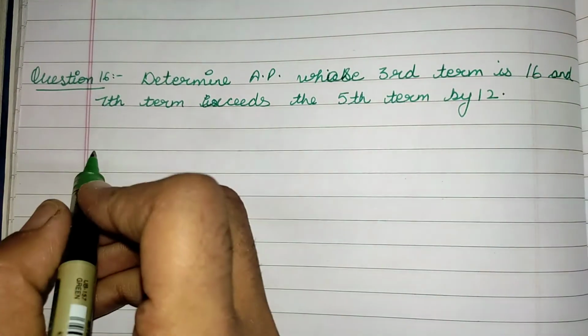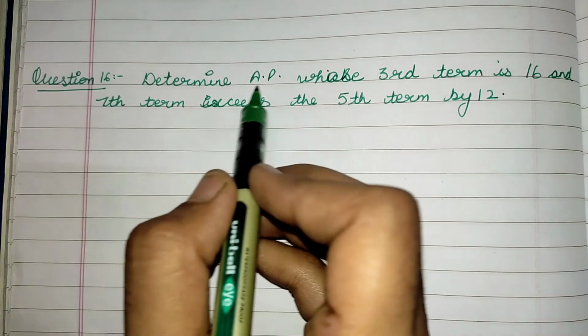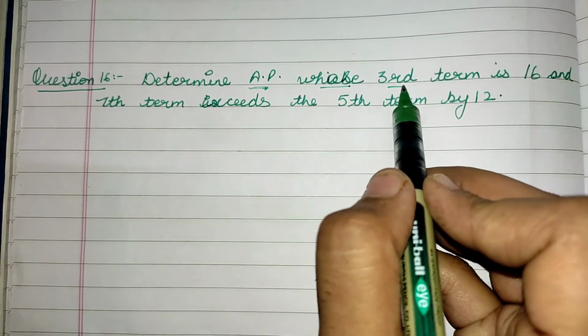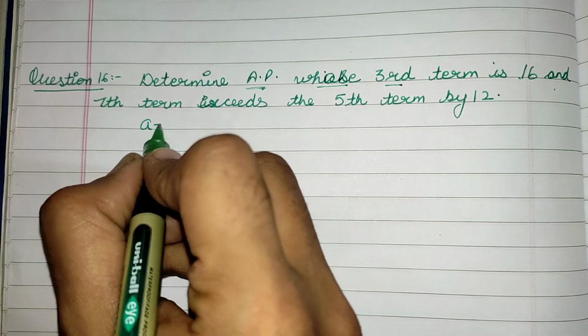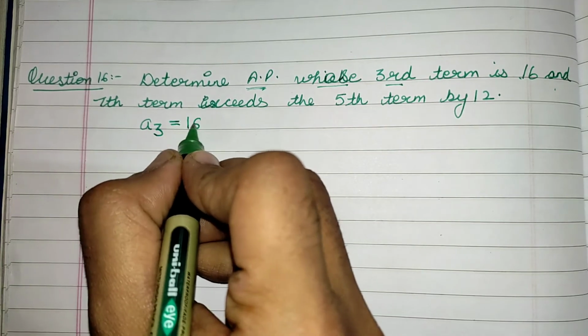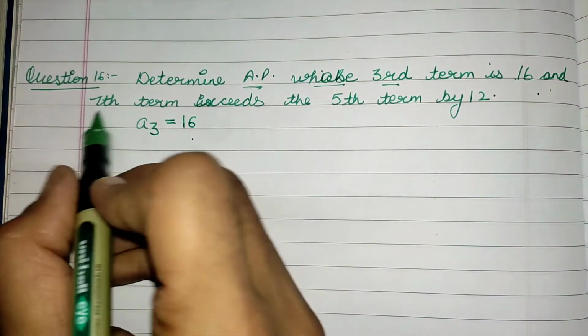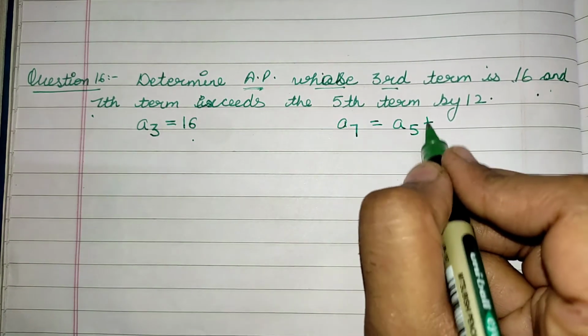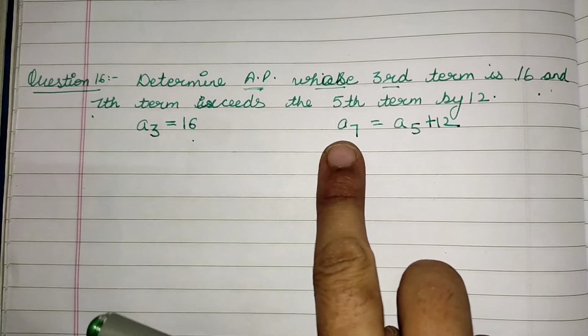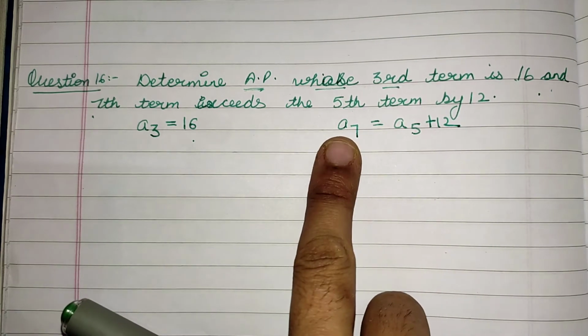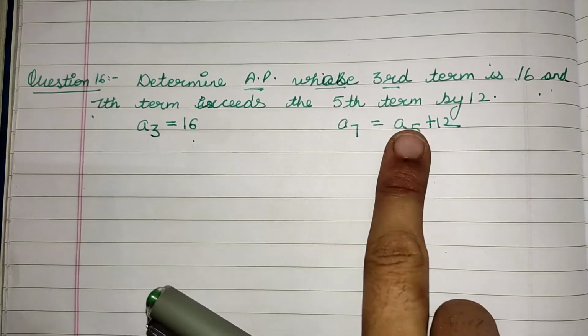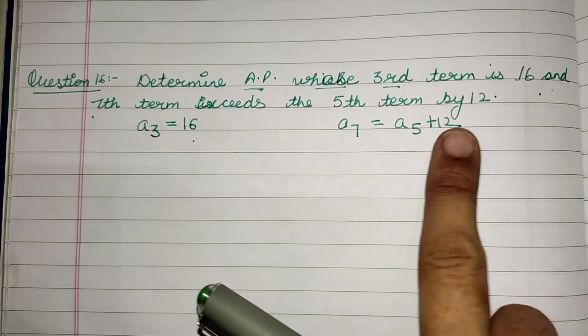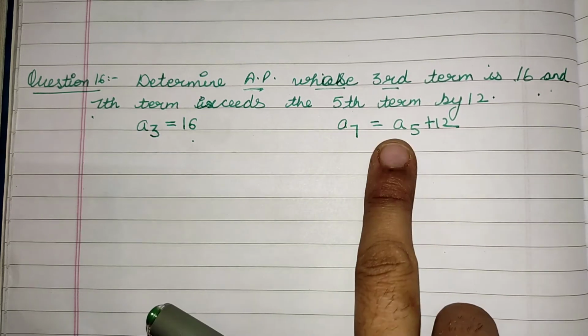Moving to question number 16. Question number 16 says: determine the AP whose third term is 16 and whose seventh term exceeds the fifth term by 12. Because the seventh term is exceeding, meaning it is bigger, to make both terms equal I will add 12 to the fifth term.